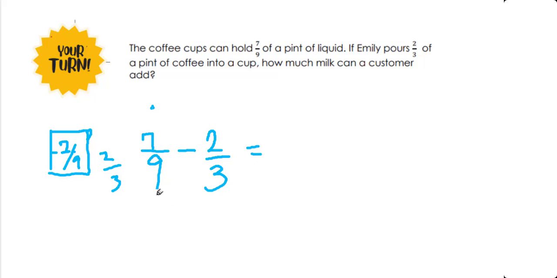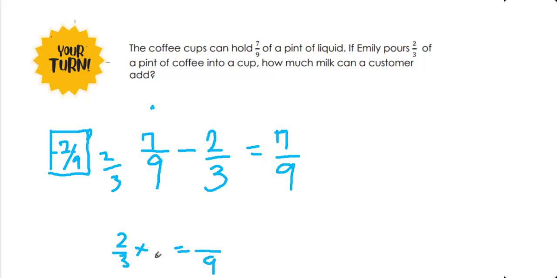Now we have a problem. Anytime we subtract or add, we want our denominators to be the same. I know 9 is a multiple of 3, so 7/9 can stay the same. I only need to change the second fraction so it's equivalent to 9. So I'm going to write this down at the bottom. 2/3 times something will equal, we got a 9 for the denominator.